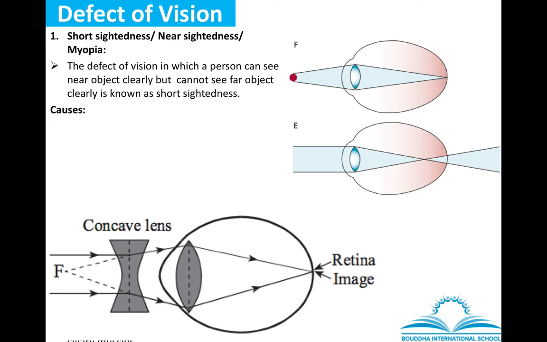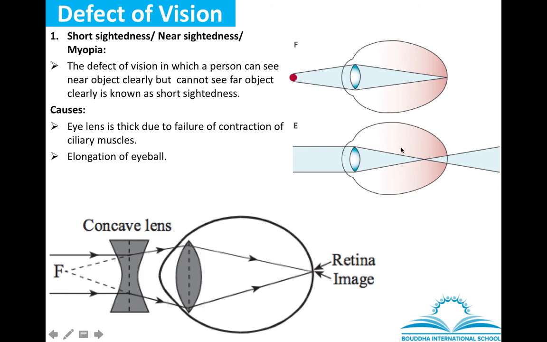The cause is that to see a far object, the eye lens must be thinner, but it always remains thick. Because of that, this defect of vision is caused. And sometimes it may happen that the eyeball was this much big, and when it was this big, the focus was exactly on the retina.